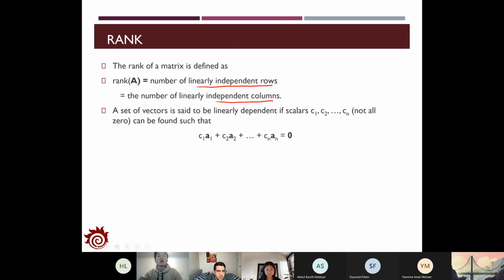For a set of vectors to be linearly independent of each other, we must be able to find scalars C1, C2 to Cn, and if we do C1 times A1 plus C2 times A2 plus until Cn times An, we must be able to find a non-zero set of scalar values C1, C2 to Cn to make this equation valid if they are dependent.